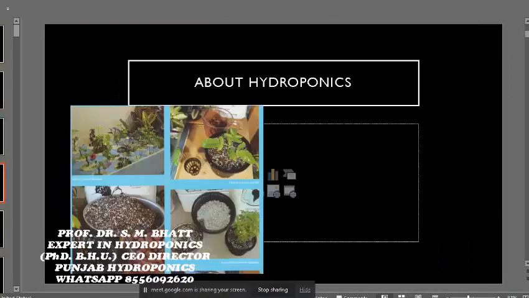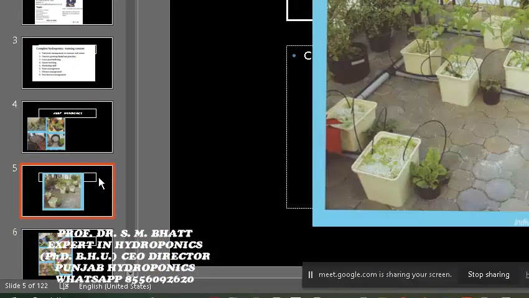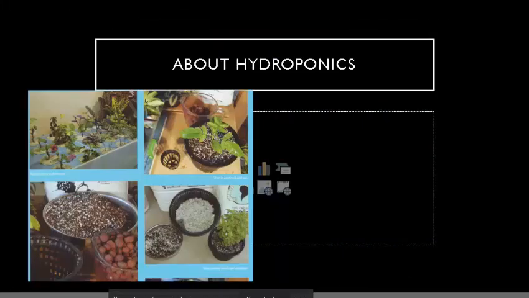Okay, so let us introduce hydroponics. Hydroponics is also called soilless farming. As you know, we normally grow plants in soil, but here we are not using any kind of soil. That's why it is called soilless farming. It's clear? So then what are we using?